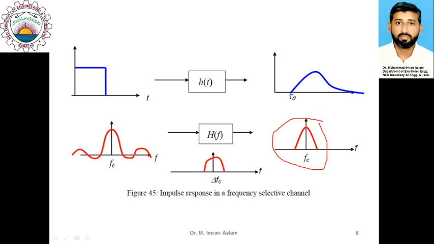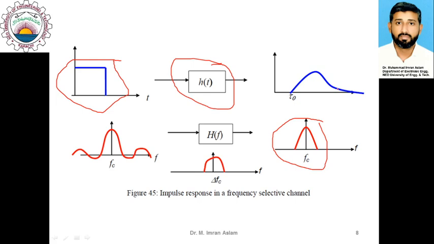The above figure is actually the time version of that same frequency selective channel. We have a frequency selective channel here, and we applied a pulse onto it. Because the channel would truncate different frequency components, you would see a significant amount of distortion in the signal.